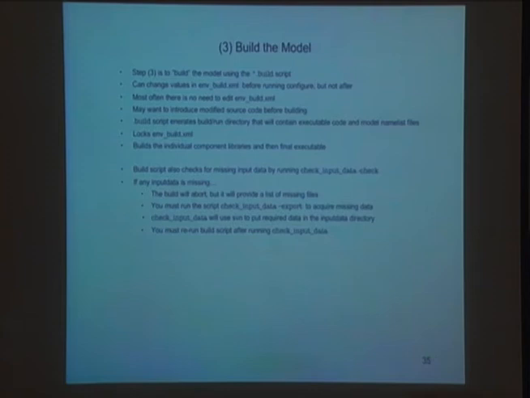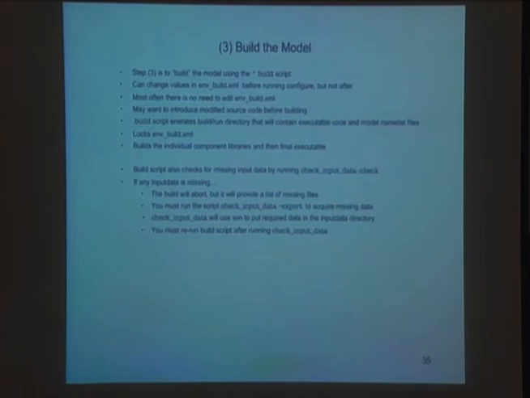The way this works is that each individual component gets compiled into a library, and then we link all the libraries together and we get one executable to run. So the build does a few things. It makes the libraries and the executable. It runs this build namelist script, so it generates the namelist files for all the models.